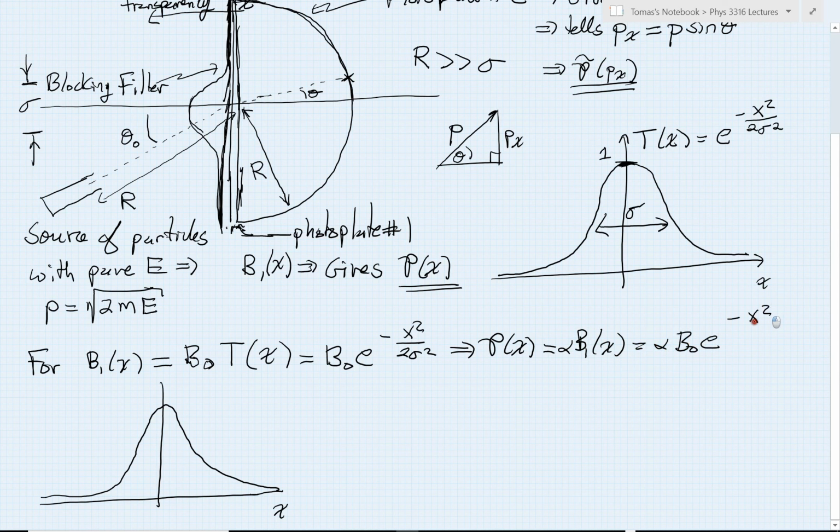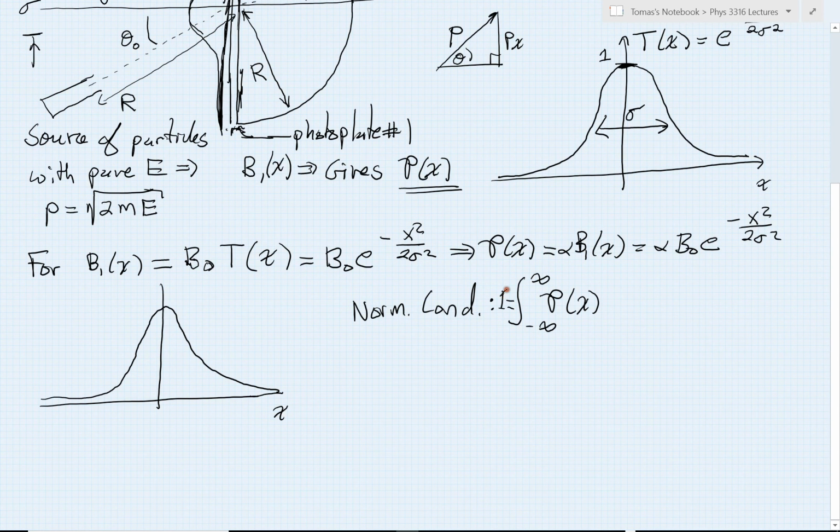Now, to determine the value of that normalization constant, we use the normalization condition. And the normalization condition, as we had discussed previously, simply states that if I integrate my probability distribution from minus infinity to infinity, I must always get the exact value of 1.